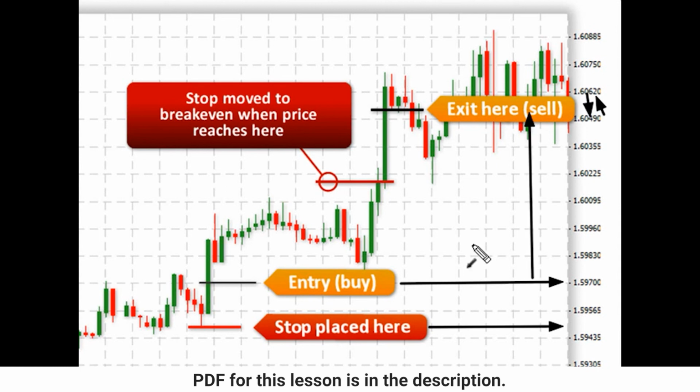So the amount of pips between the entry and the exit is around about 85 pips, and the amount of pips between the entry and the stop is around about 21 pips. Therefore, when we divide the reward by the risk, we get a risk reward of just over 4 to 1.